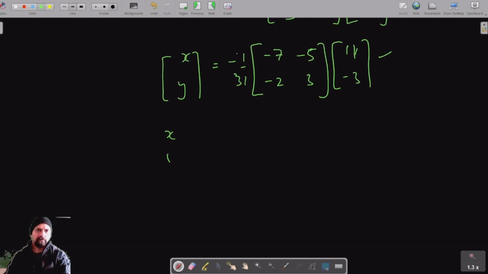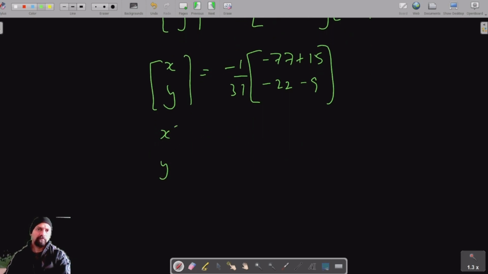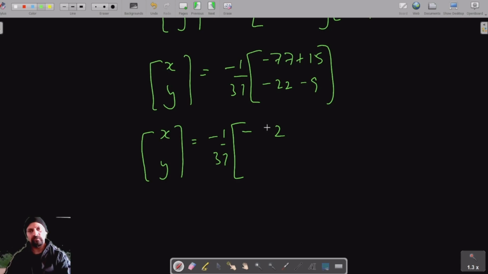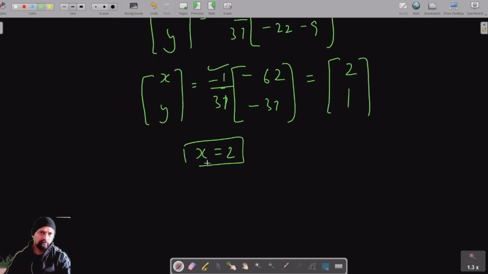Let's multiply this. So xy is equal to minus 1 by 31 times minus 77 plus 15 and minus 22 minus 9, which gives us xy equal to minus 1 by 31 times minus 62 and minus 31. Now let's divide it with minus 1 by 31, which gives 2 and 1. So x is equal to 2 and y is equal to 1.